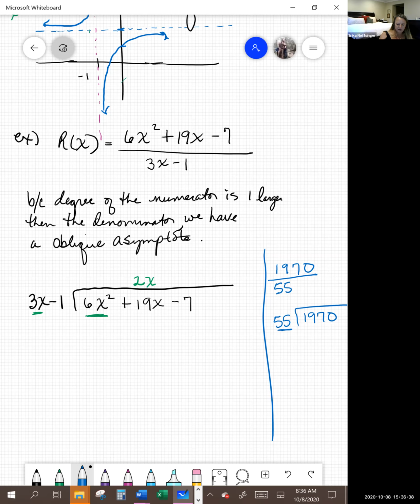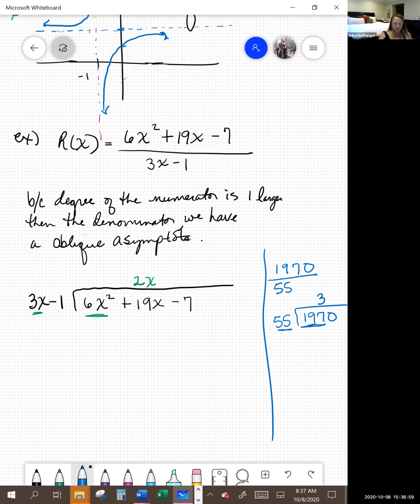Does it go into 1? No. Does it go into 19? No, it's too small. Does it go into 197? Yes, it goes in, and you approximate. Well, I know 4 times 50 is 200. That's too big. So I guess 3.